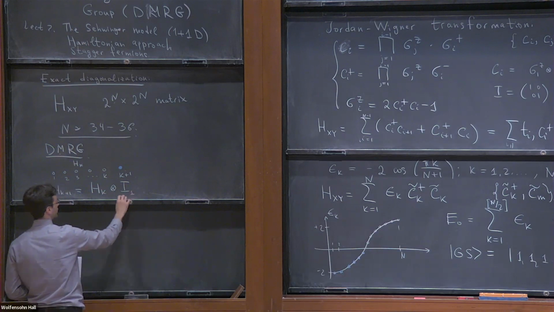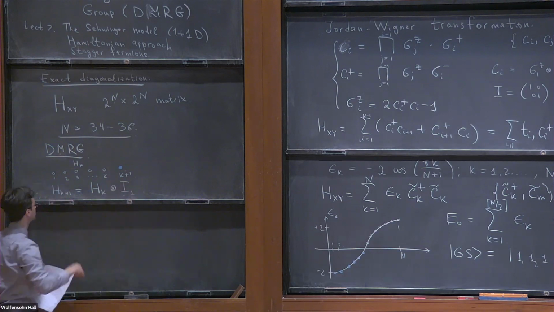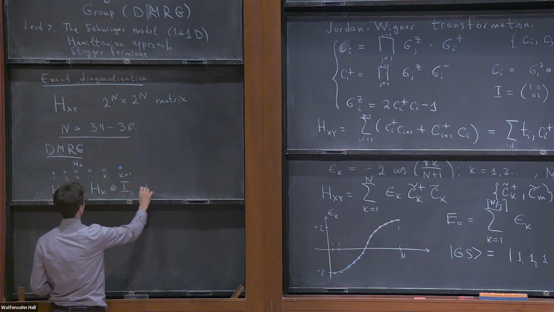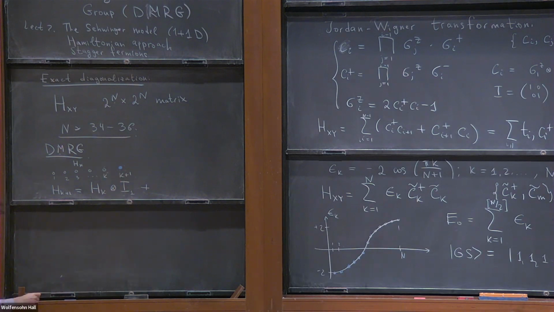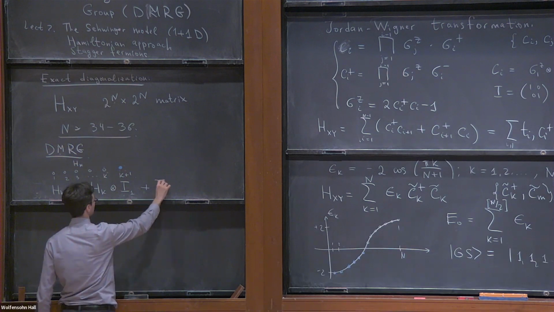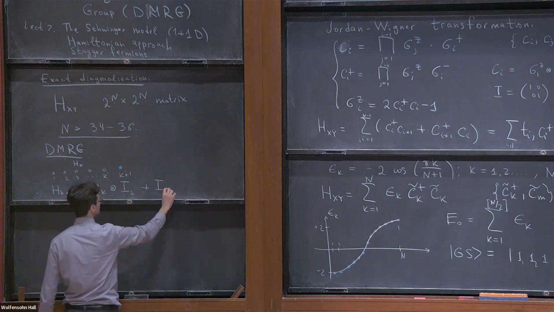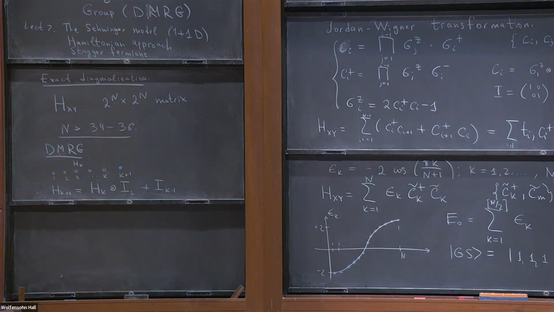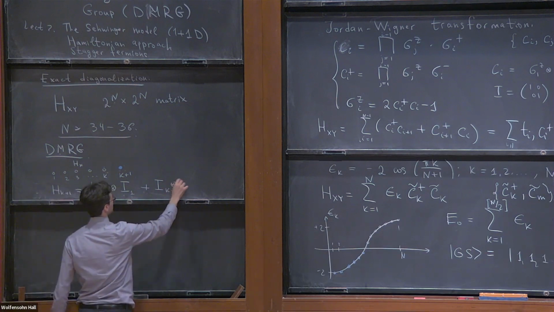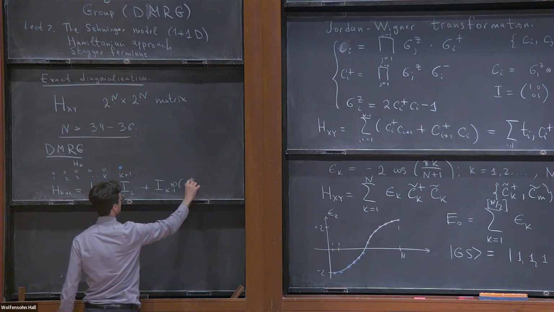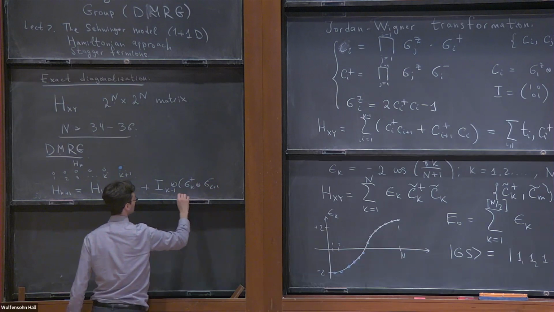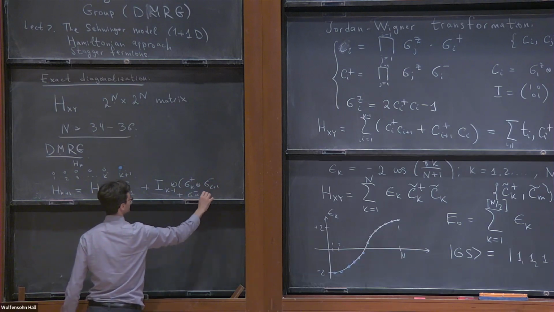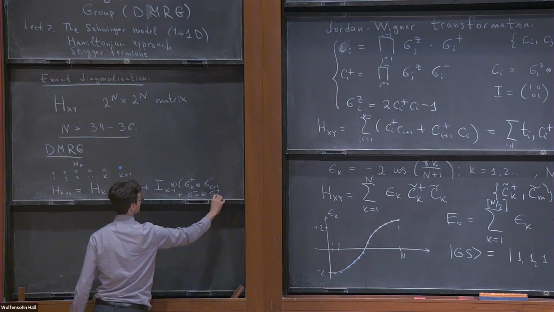Let me call it I_1, meaning it's just the 2 by 2 identity matrix of one qubit, plus the term which connects sites k and k plus 1. I can write this term as the identity matrix of the first k minus 1 qubits, tensor product with sigma plus k, sigma minus k plus 1, plus sigma minus k, sigma plus k plus 1.